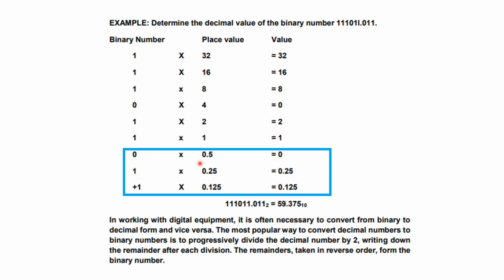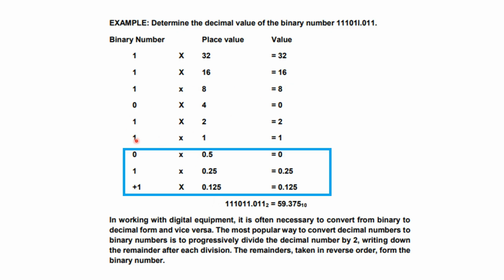Okay, so next, 1 divided by 2 to the second power. So 1 divided by 4, it's 0.25. Next, 1 divided by 2 to the third power. So 2 times 2, 4 times 2, 8. So 1 divided by 8, it's 0.125.